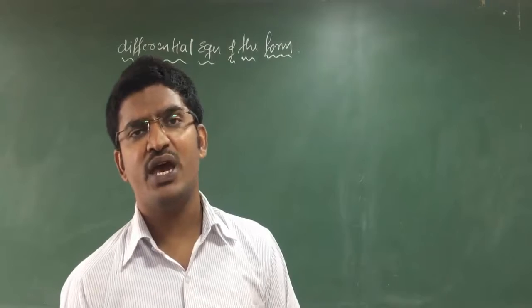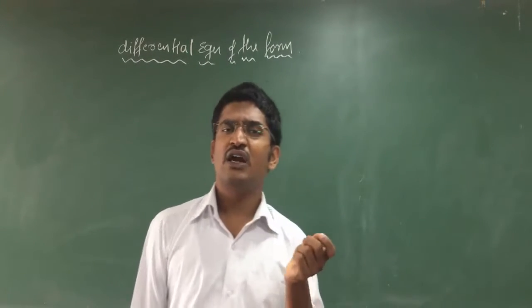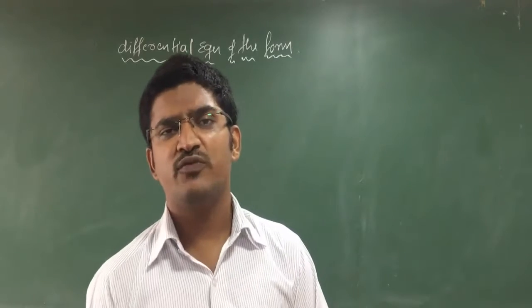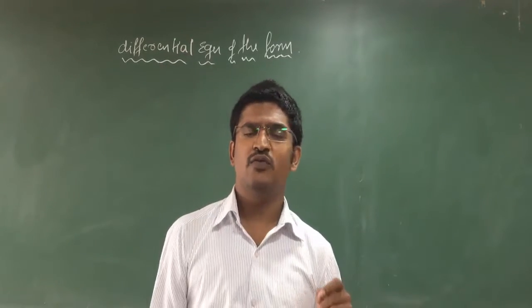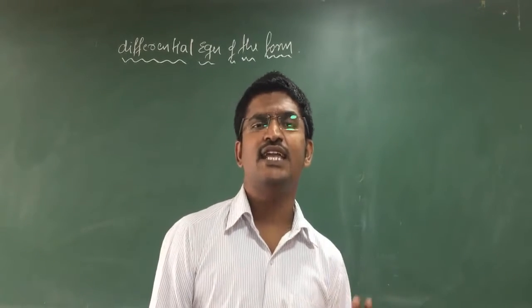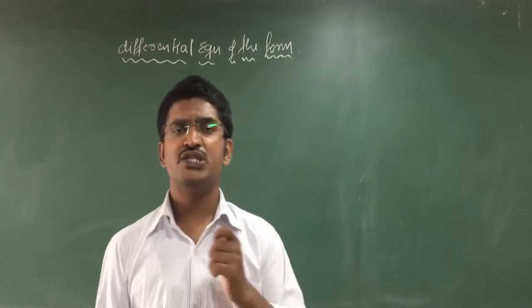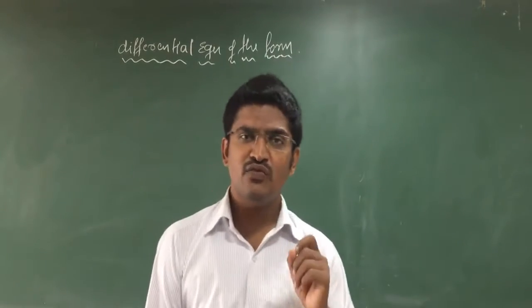Clear? Already we have seen one differential equation which is reducible to variable separable form, and we have solved one question on that. Now let us go for the second type, where the given differential equation is reduced to variable separable form.